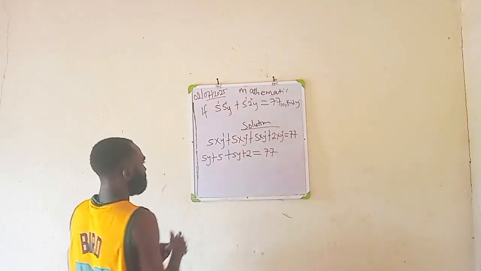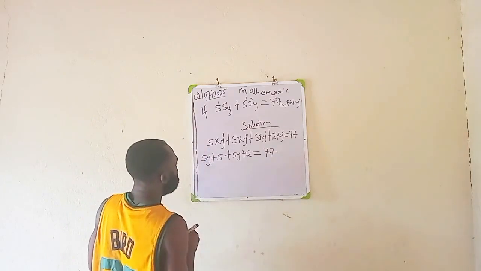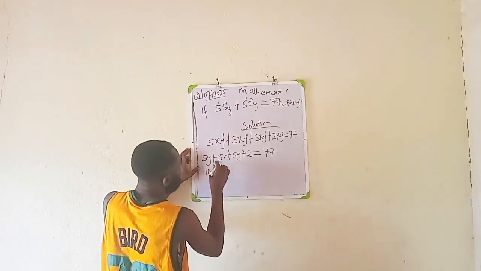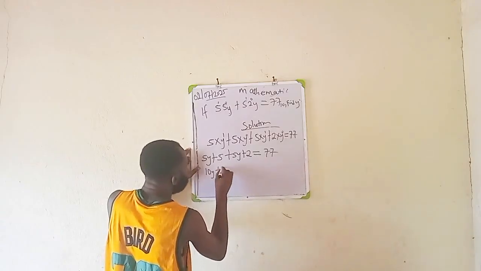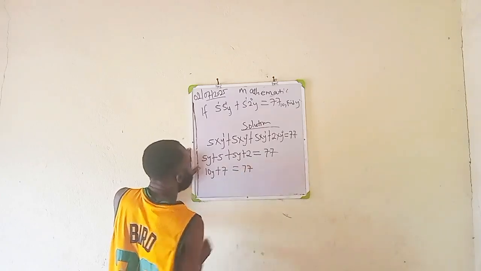So now if you can see, 5y and 5y are the same, so you add them together and it will give you 10y. Then 5 plus 2 is 7, is equal to 77.